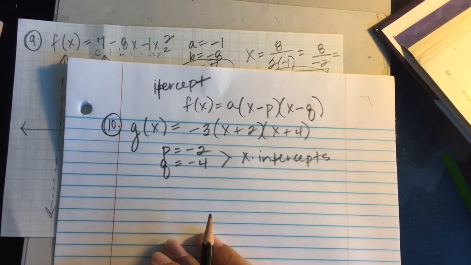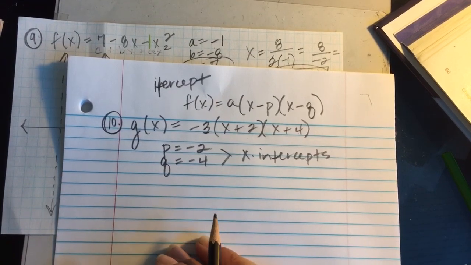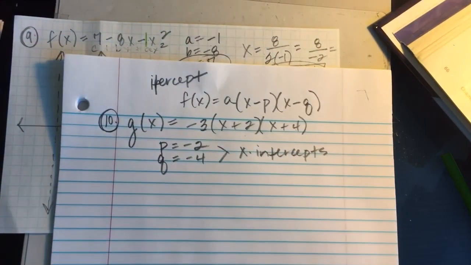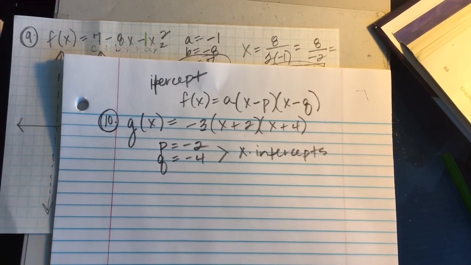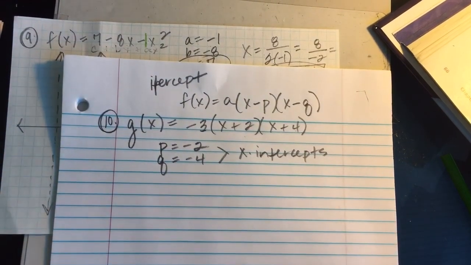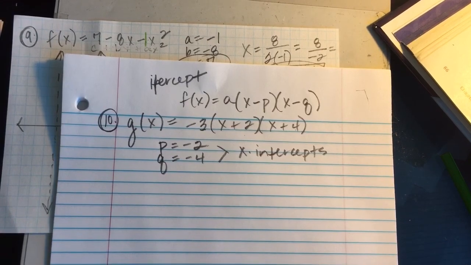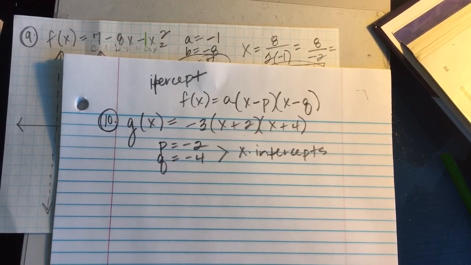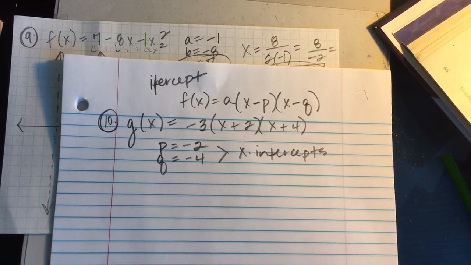And then we also have to describe where the function's increasing and decreasing. In order for us to do that, we need to find the x value of the vertex. From what we learned last time, let's see, where am I at? In my notes here. There we go.